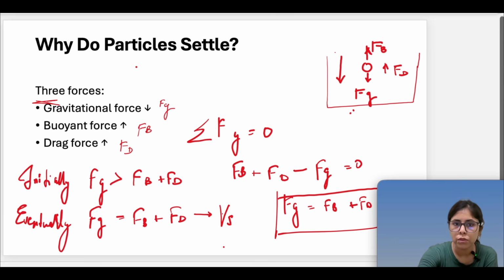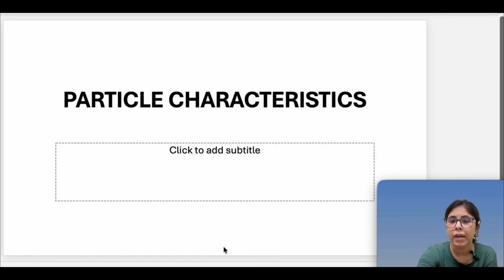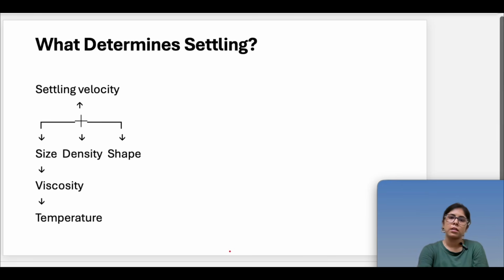Now let's move to the next topic, which is particle characteristics. We now know that there is something called settling velocity. So what determines the settling velocity? It depends on the size of the particle, first of all, the density of the particle, the shape of the particle, the viscosity, and the temperature, right?